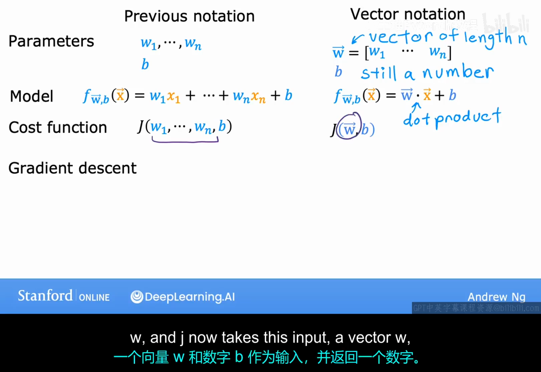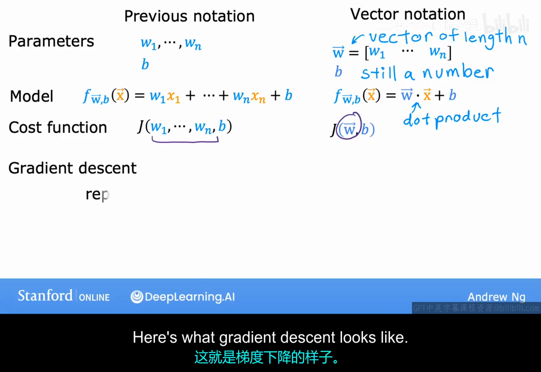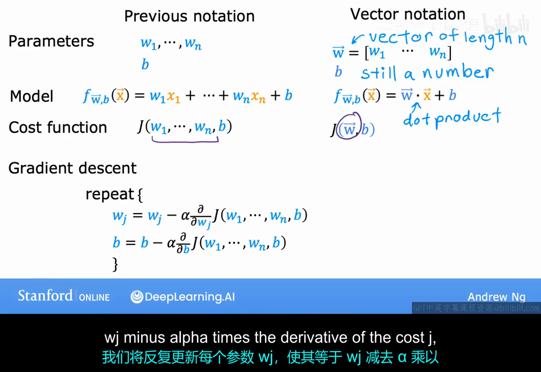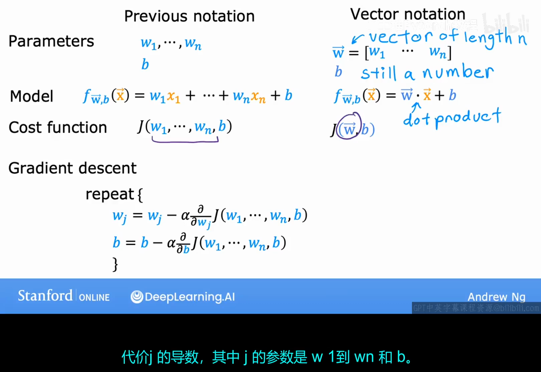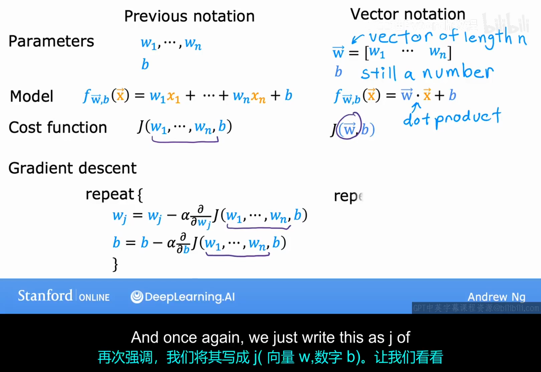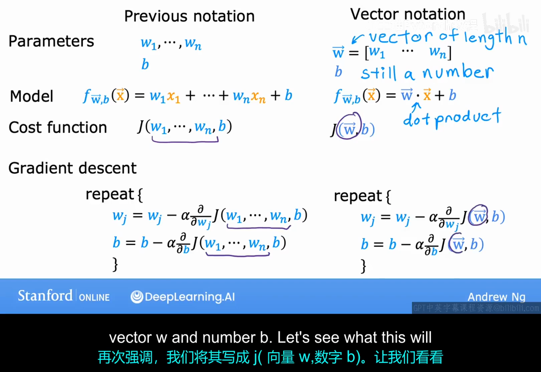And J now takes as input a vector w and the number b and returns a number. Here's what gradient descent looks like. We're going to repeatedly update each parameter wj to be wj minus alpha times the derivative of the cost J, where J has parameters w1 through wn and b. And once again, we just write this as J of vector w and number b.